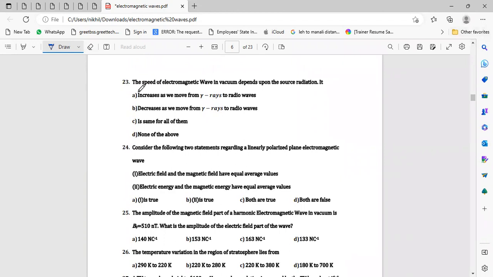Look at this. The speed of the electromagnetic wave in vacuum depends on the source radiation. Then what happens? You know that the speed of the electromagnetic wave is given by the formula C is equal to E naught divided by B naught.